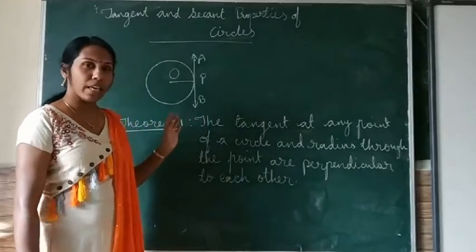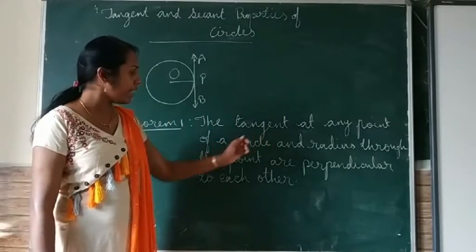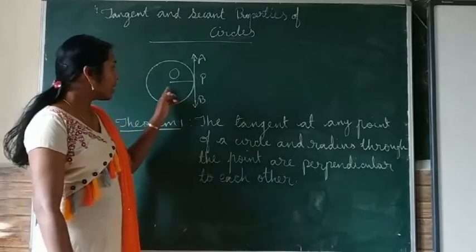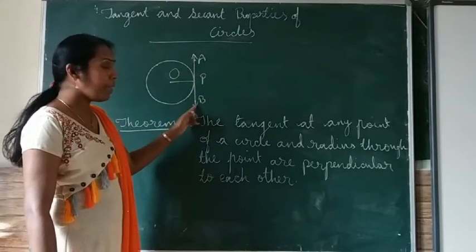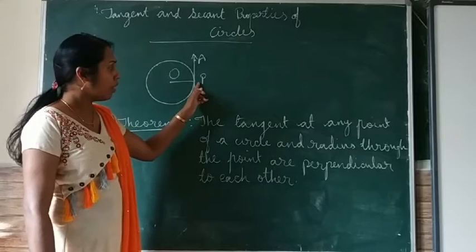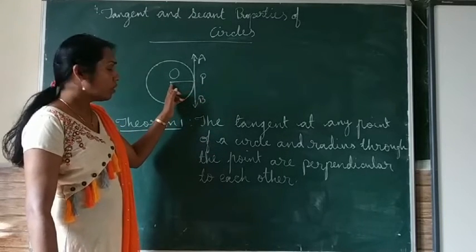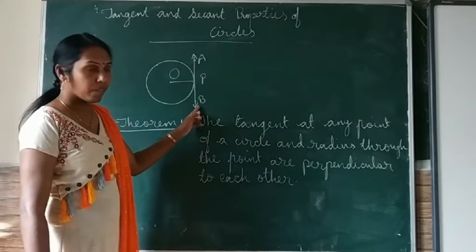Here we have the first theorem. The tangent at any point of a circle and radius to the point are perpendicular to each other. Consider the circle with center O, and the tangent AB touches the circle at the point P. The theorem tells that the radius at this point, that is OP, is perpendicular to the tangent AB.